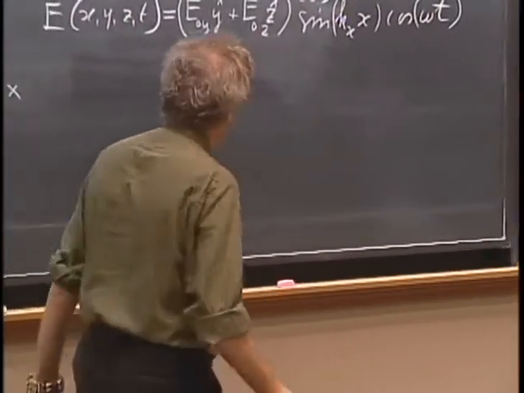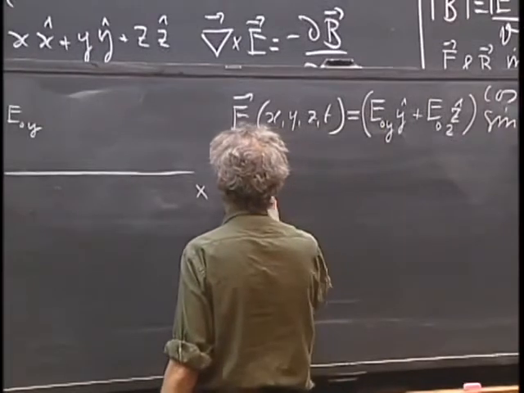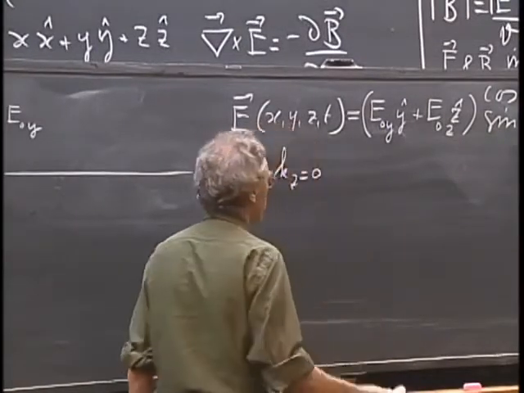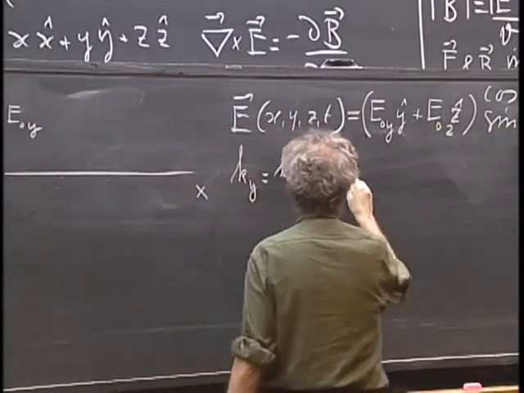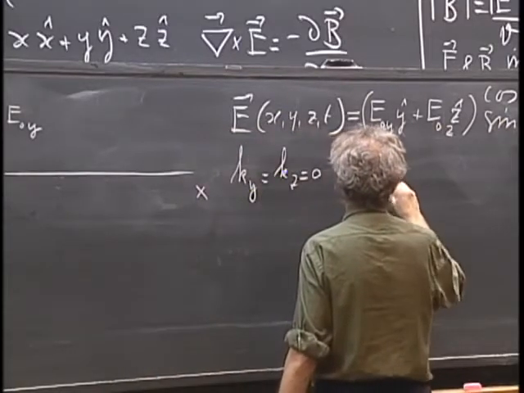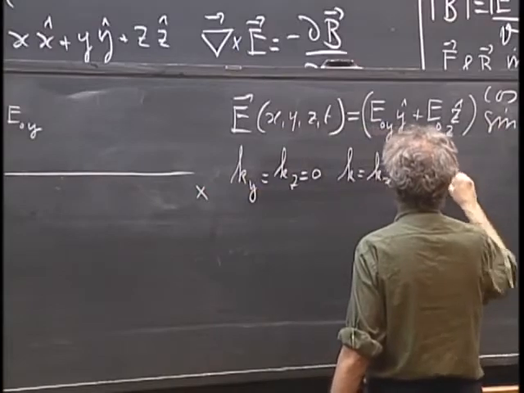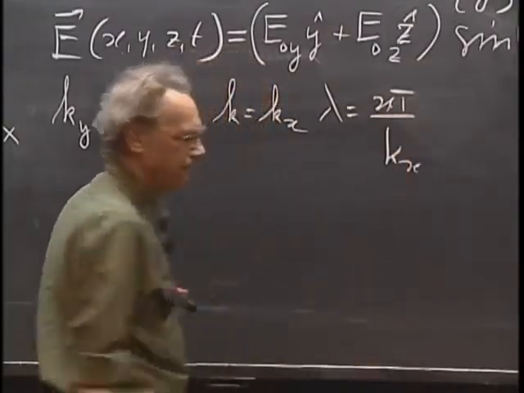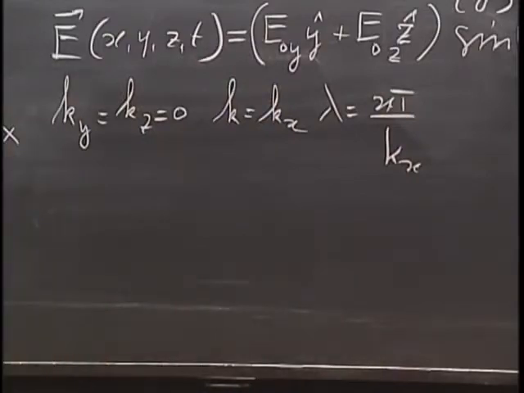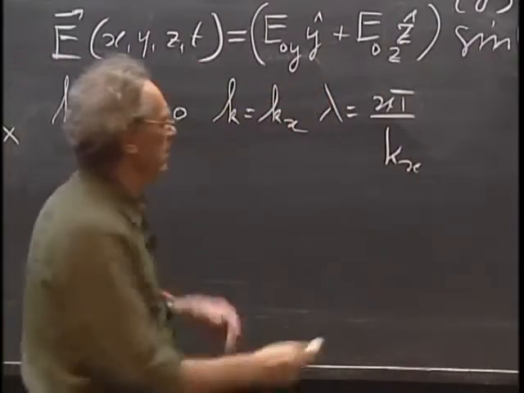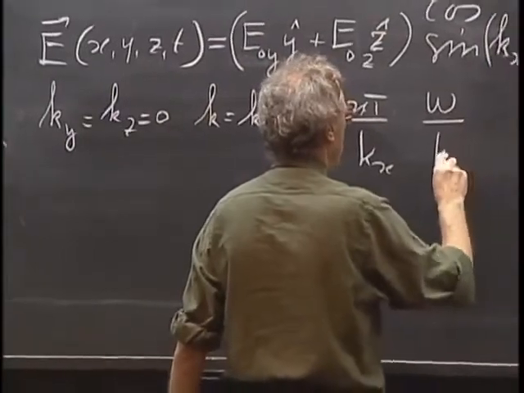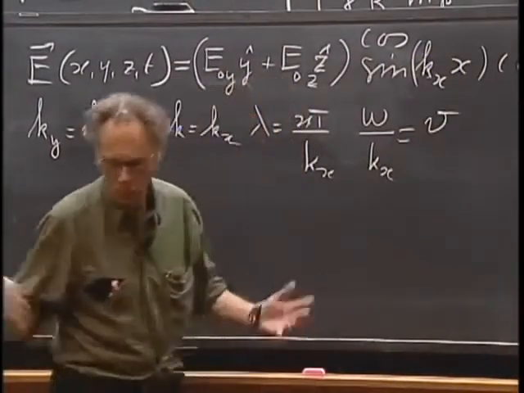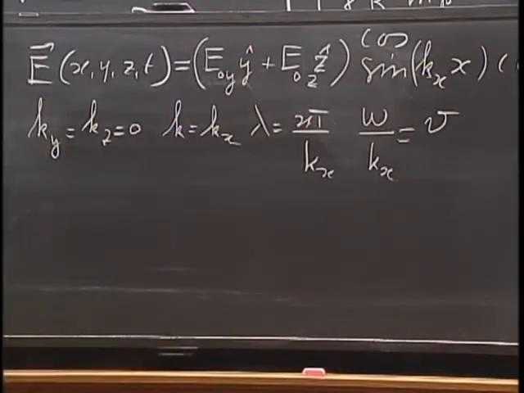And so therefore, k of y is 0, and k of z is also 0. So there's only a k of x, and so k then equals k of x, and so lambda is 2 pi divided by this value. And omega divided by this k value, I write an x, but you can leave the x out, would then be v, or it could be c, of course.